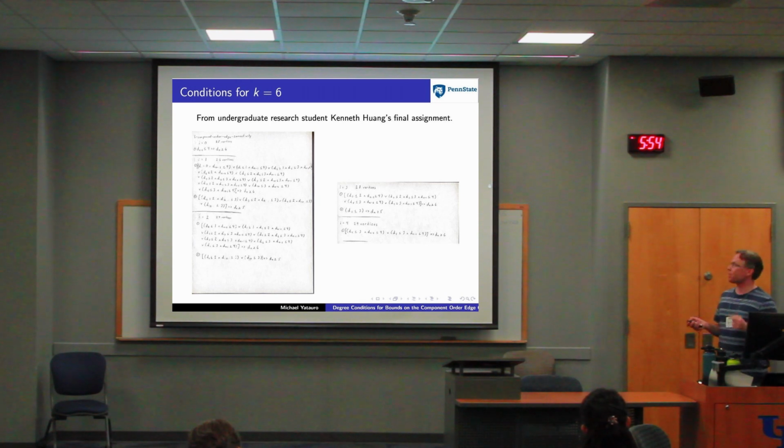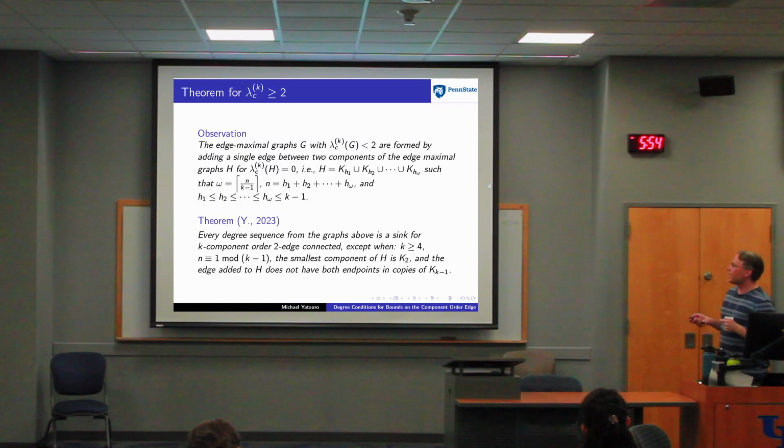So that's how the theorem came to be: his program confirmed the theorem. I had the theorem, he ran a program where he would input n and input k, and the only times we got any exceptions were in these instances.